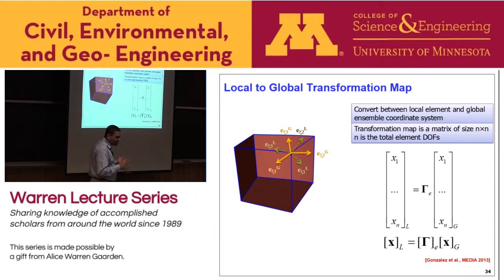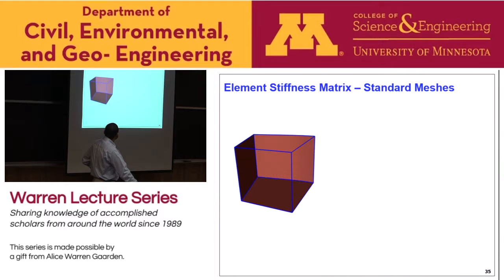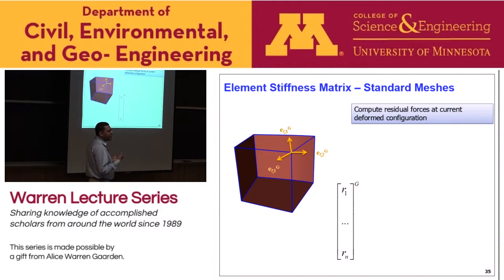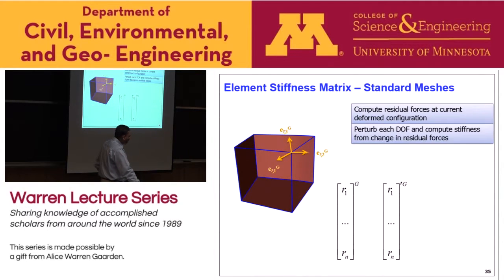We then use this mapping to do both finite element analysis and also the geometry. For finite element analysis, when you have standard meshes, the way we compute the element stiffness matrix is using what is called a perturbation method, where you perturb each degree of freedom with respect to the global coordinate system, and then we compute the residual forces.